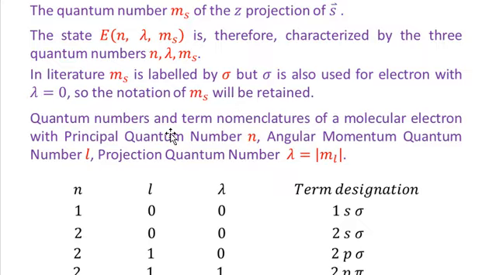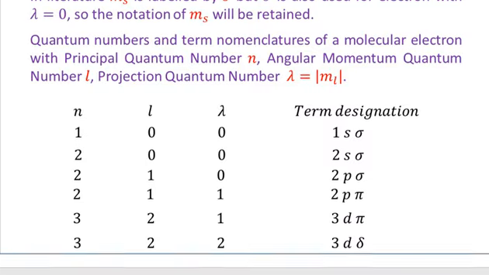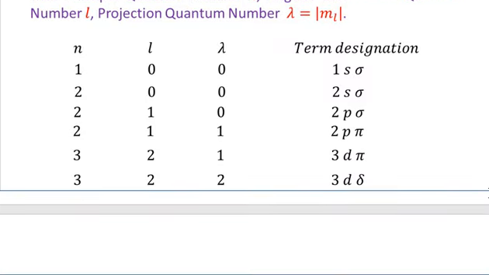Quantum numbers and the term nomenclature of a molecular electron with principal quantum number n, angular momentum quantum number L, and projection quantum number lambda are given as follows. In the first column we have n, in the second column L, in the third column lambda, and in the fourth column the term designation for the molecule.